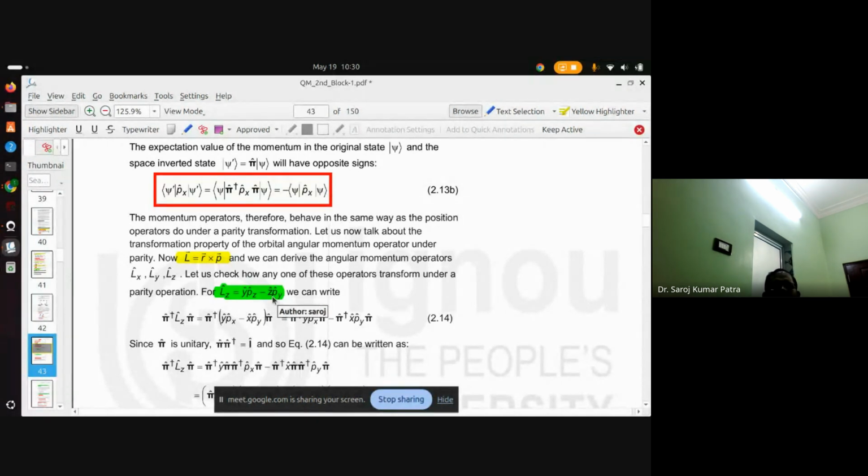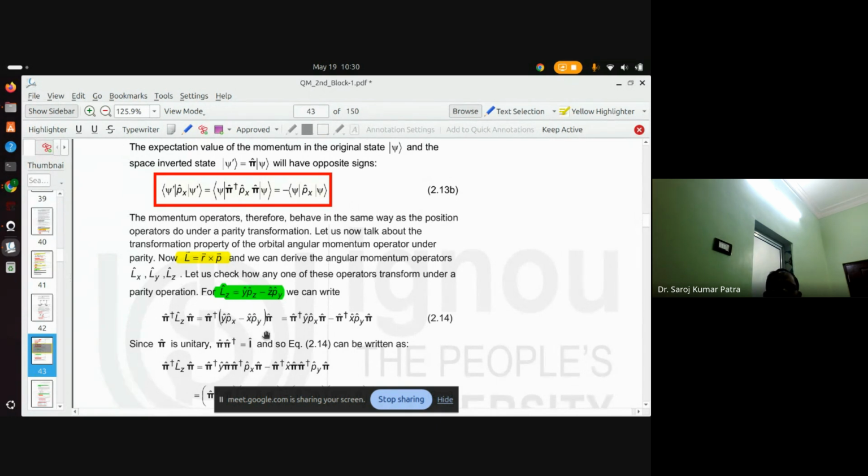So similarly, z will become minus z, py will become minus py. So minus or minus will become plus. So your Lz will not change. Lz will not become minus Lz.